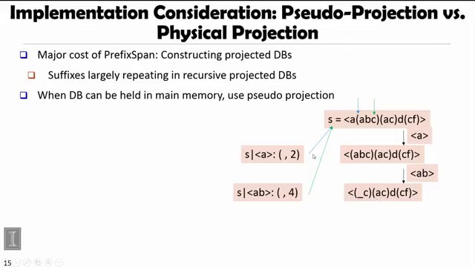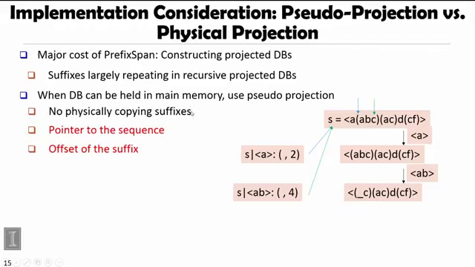What we need is called pseudo projection. That means you just say, what is A's projected database? It's the same sequence, but the position is number 2. What is AB's projected database? It's the same sequence S, but the position is number 4.